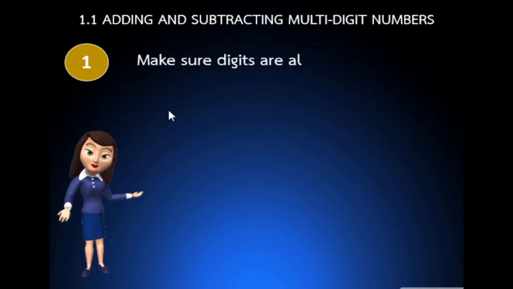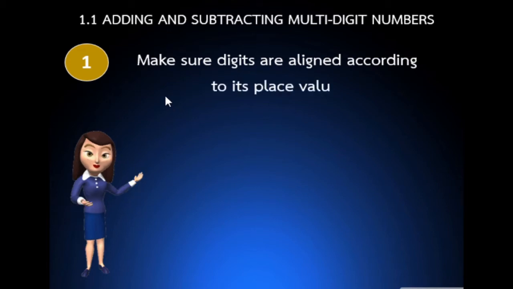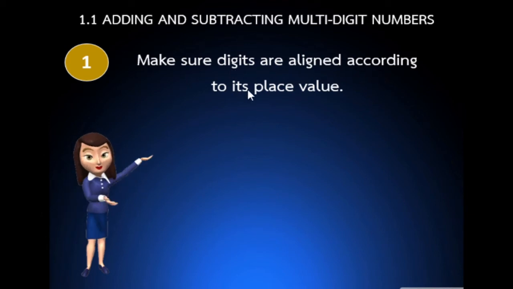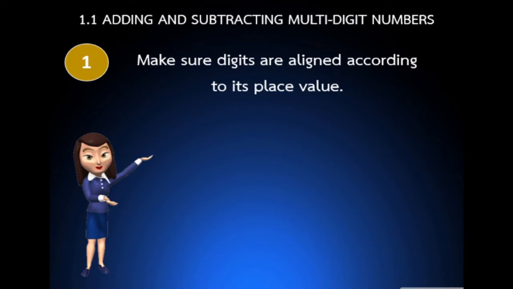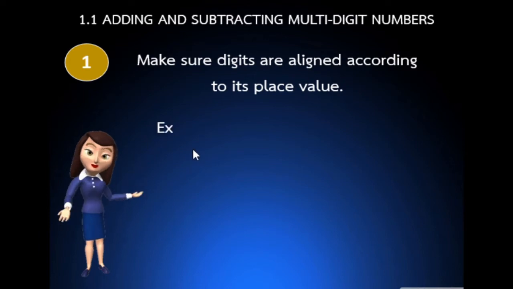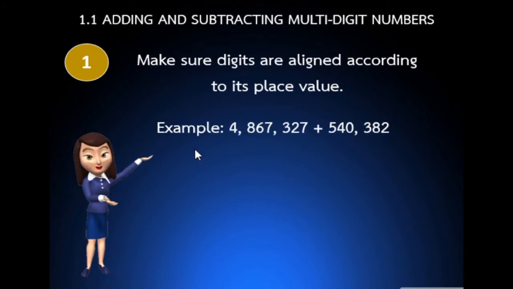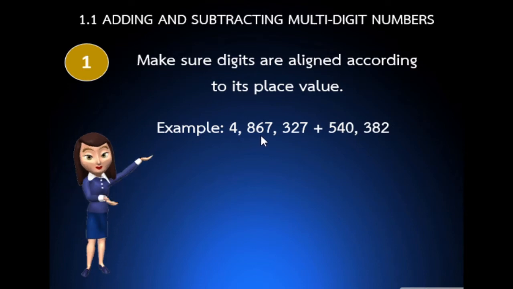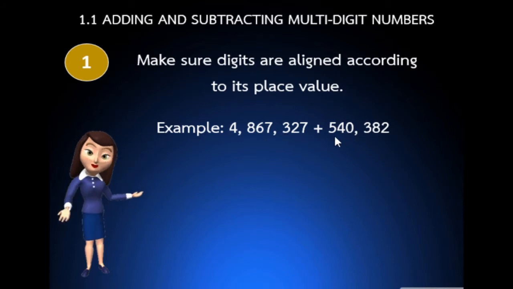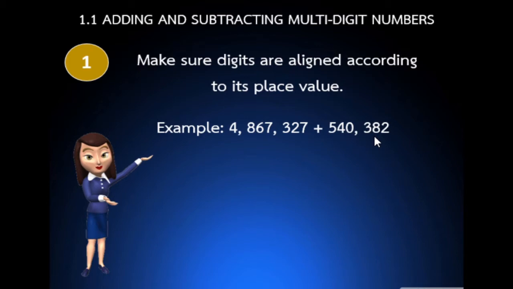So how do we add and subtract multi-digit numbers? First, we have to make sure digits or numbers are aligned according to their place value. They have to have straight alignment before adding or subtracting them. Example, we're going to add 4,867,327 plus 540,382.